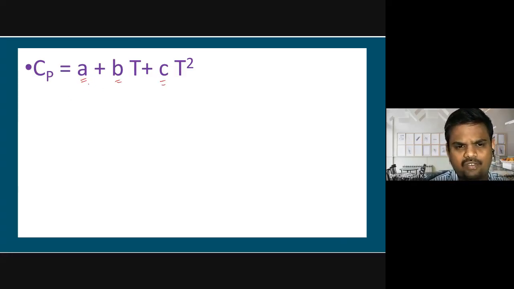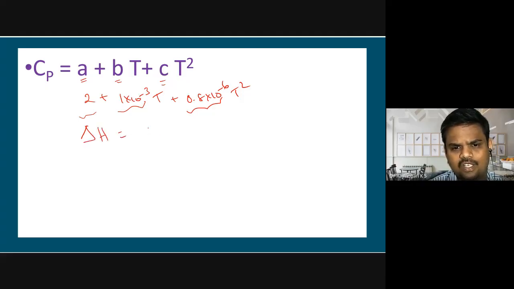It can be given, say for example, Cp equal to 2 plus 1 into 10 power minus 3 t plus 0.8 into 10 power minus 6 t square. So in this fashion, if Cp is given as a function of temperature, what we have to do is we can find delta H equal to, instead of mCp delta T, Ni Cpi dt.